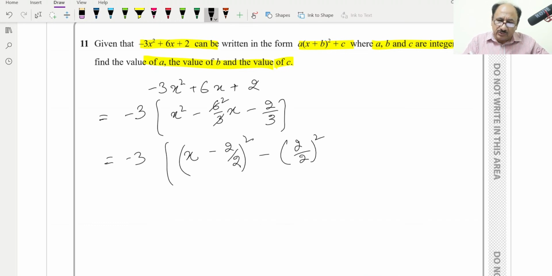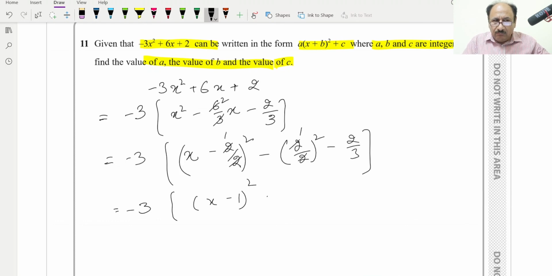This is the completing the square strategy, and whatever tail portion we will be writing over here, which is minus 2 over 3 in brackets. Now we can simplify this as 1, this one also as 1, so this will be 3 minus 3, and in brackets we can write x minus 1 squared, and minus 1 and minus 2 over 3, bracket close.